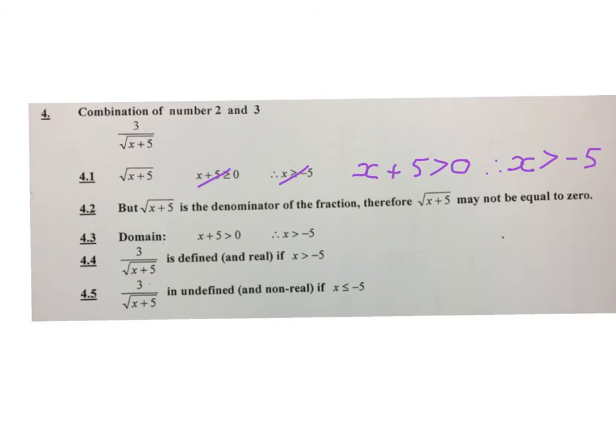Please stop the video again and read what I wrote. The domain of this expression will then be x is bigger than minus 5. This thing will be defined if x is bigger than minus 5. And this thing will be undefined and non-real if x is smaller than or equal to minus 5.